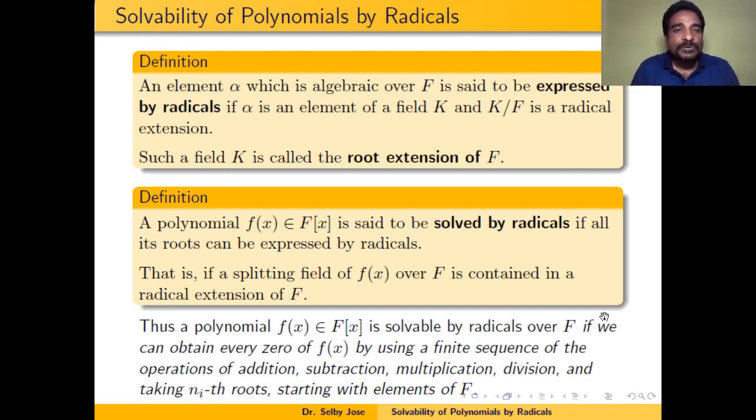So that means that all the roots of ax^2 + bx + c = 0 can be expressed as a finite sequence of operations of addition, subtraction, multiplication, division and the square root starting with the elements a, b, c, which are elements of F.